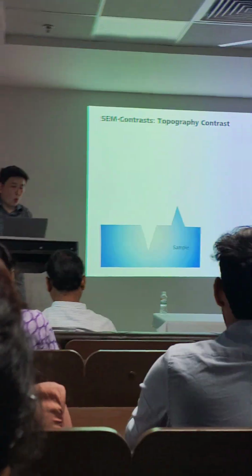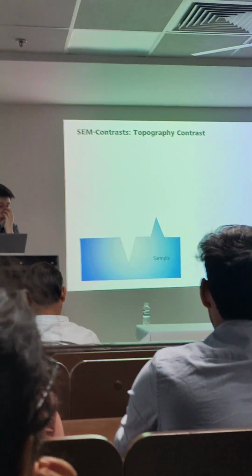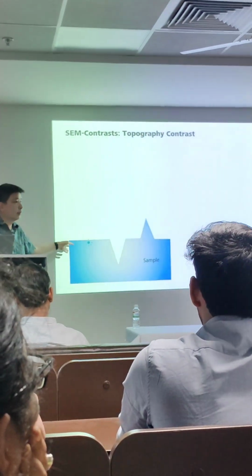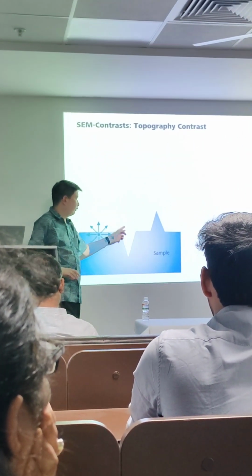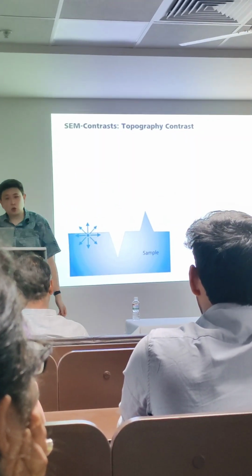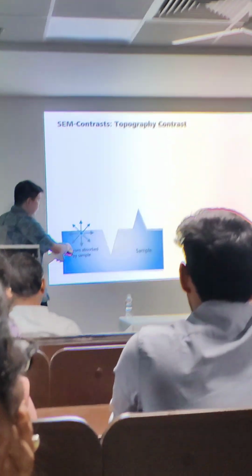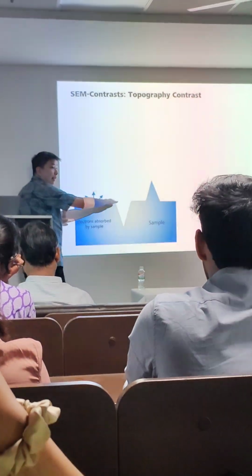When you do secondary electron imaging, be careful of this: your sample might not be flat. I simply drew a valley and a mountain. Ideally you can see the whole plane, very simple.